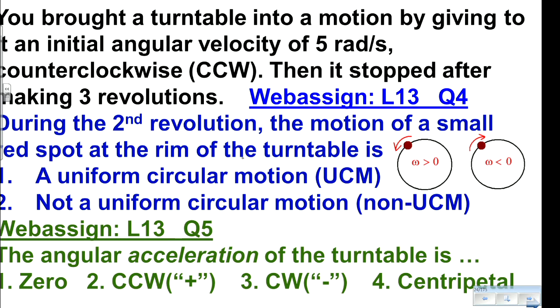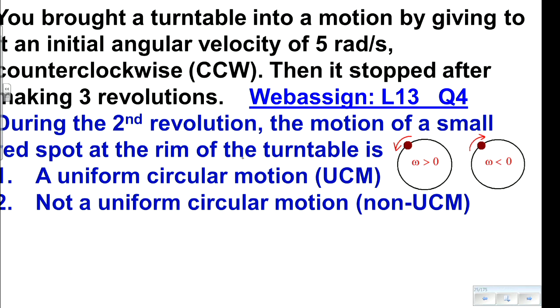Now, about angular acceleration. Originally it was moving, here I see it counterclockwise. Counterclockwise means from here to here, for example. So theta, the angle, positive or negative? Positive. Why?